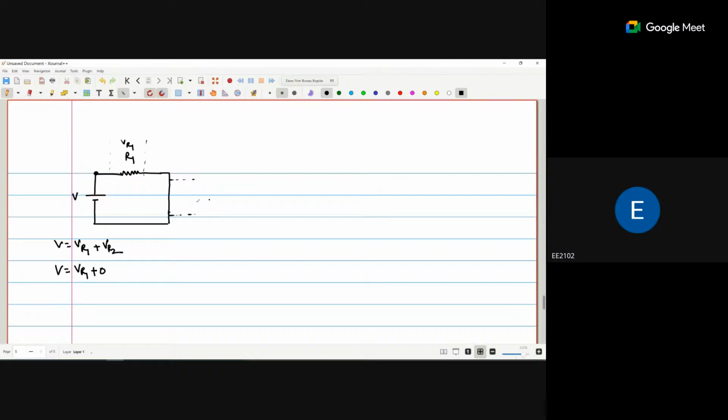Now we make it open. Now V is itself V. Basically no current will flow. We are saying I is 0 because it is an open loop. Understood?